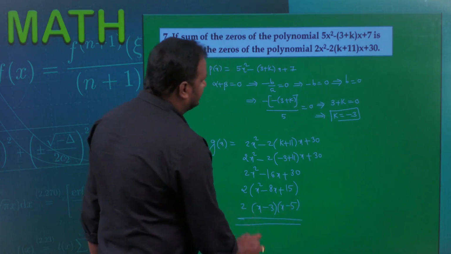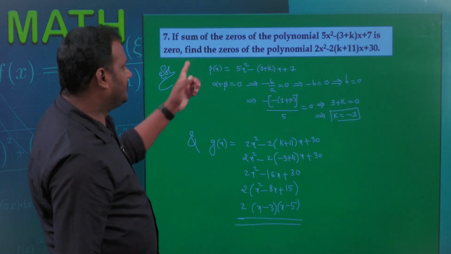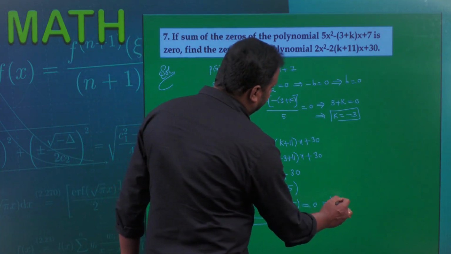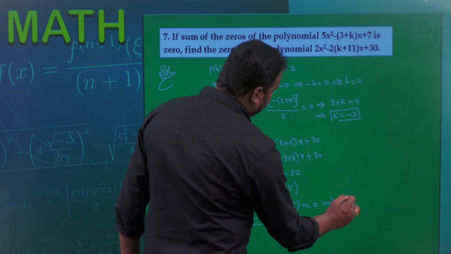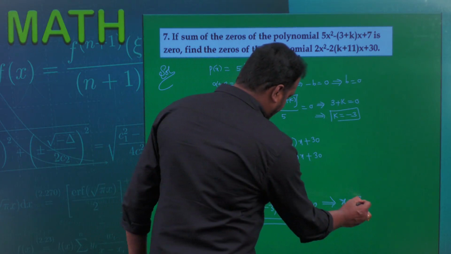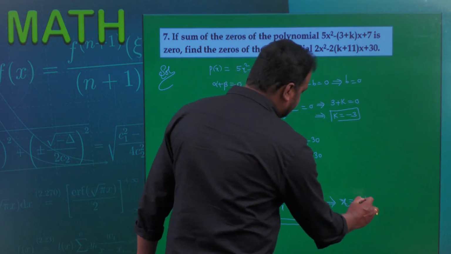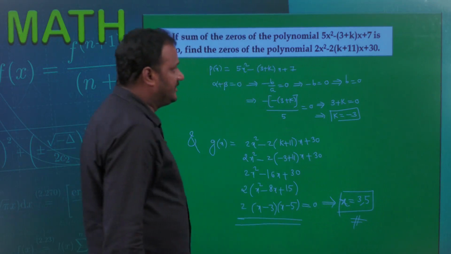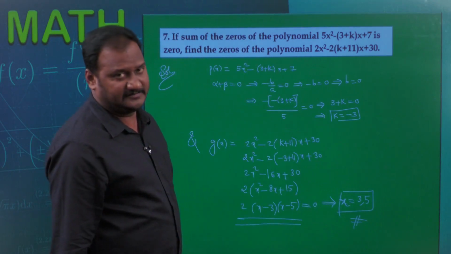So these are the factors of the polynomial. So then what are the zeros? Equate with 0: x − 3 = 0, then x is equal to 3; x − 5 = 0, x is equal to 5. So 3, 5 are zeros of the second polynomial.